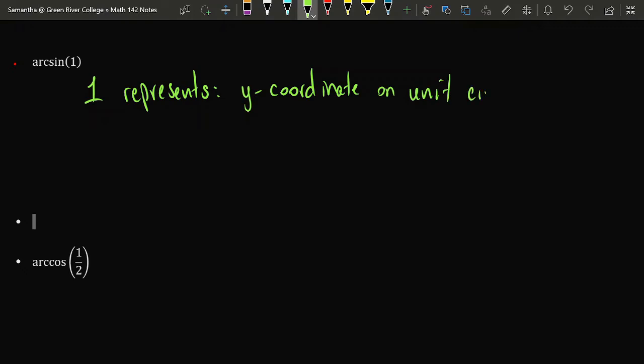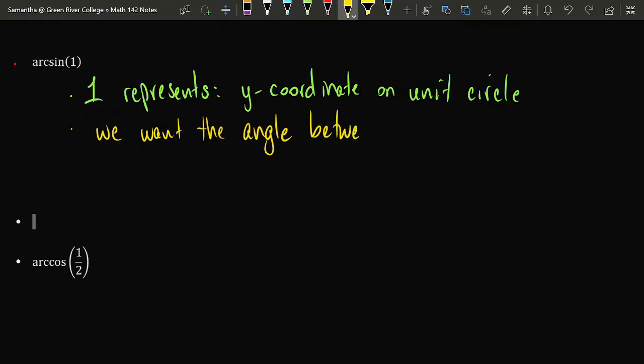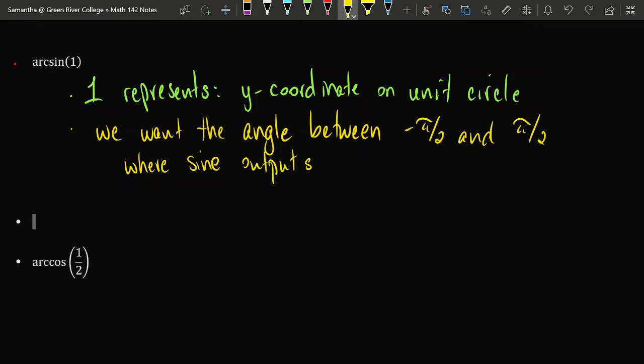That's the data that's being given to us when they put an input of 1 into the arcsine function. And what we want, the angle, specifically the angle between -90 degrees and +90 degrees, where sine outputs this 1.